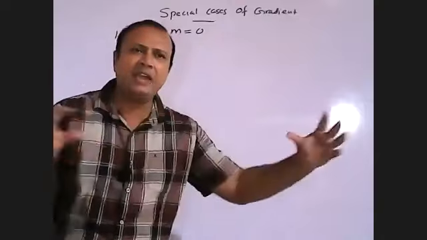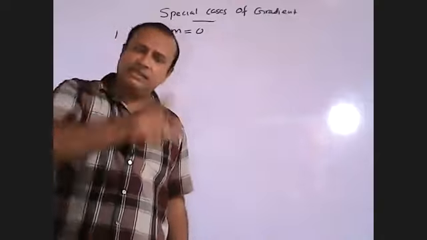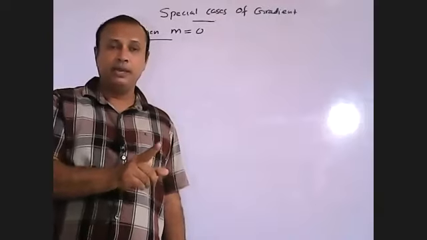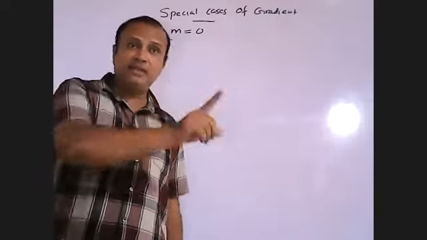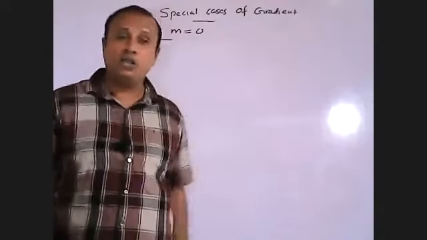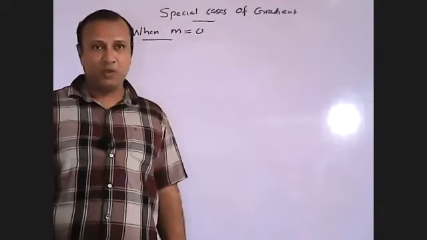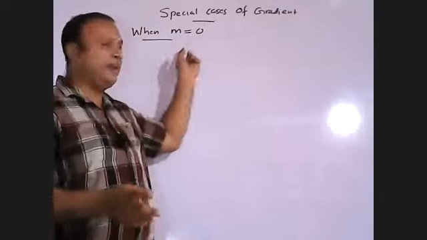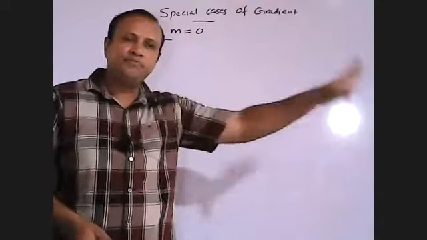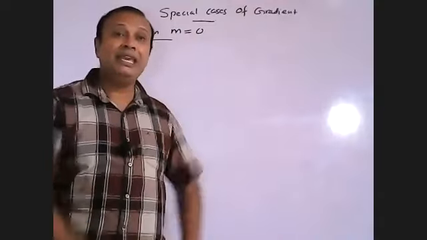So if it is a tan value, when m is equal to 0, the tan theta value should also equal 0. When the gradient is 0, the tan value should also be 0.